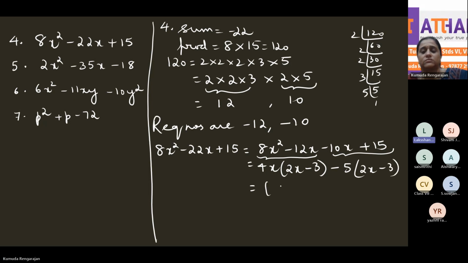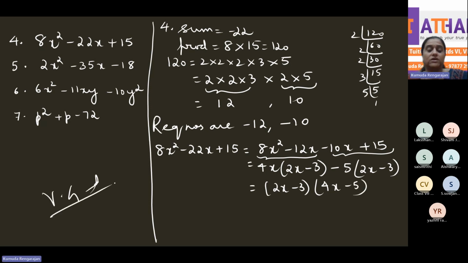So 2x minus 3 into 4x minus 5. Very good. Thank you, Lakshana. The 2x minus 3 and 4x minus 5 are the two factors of the expression given.